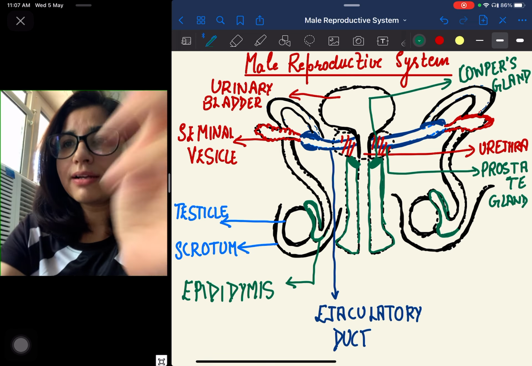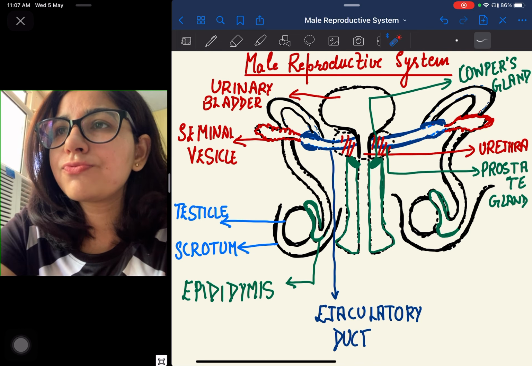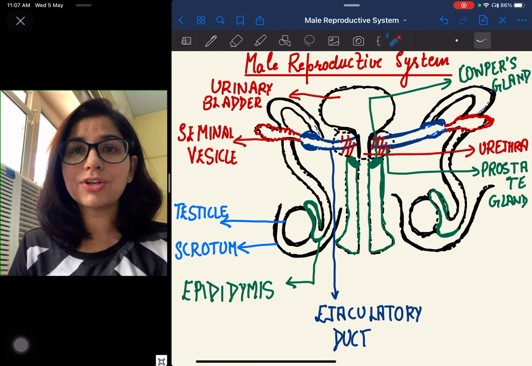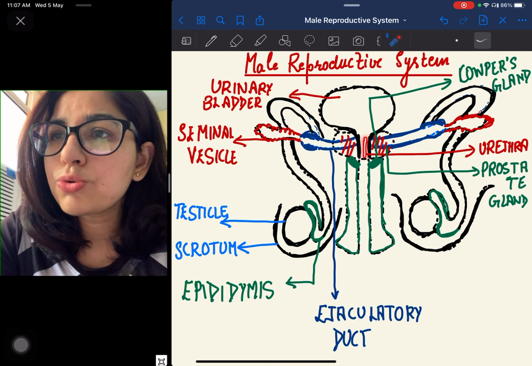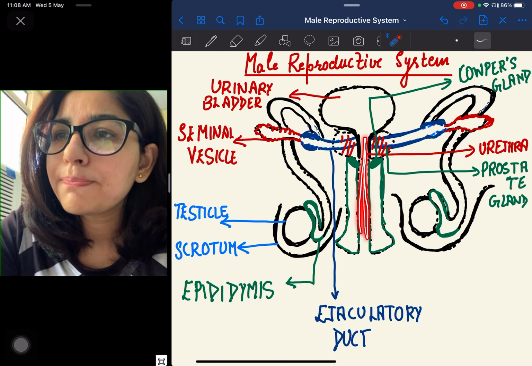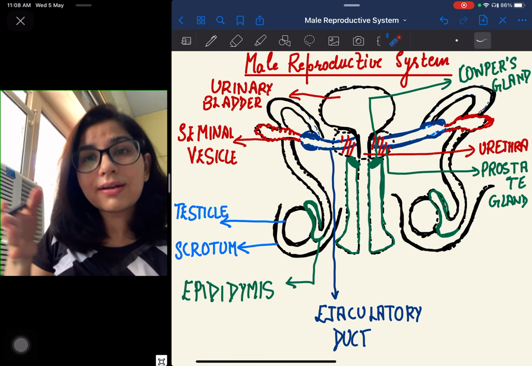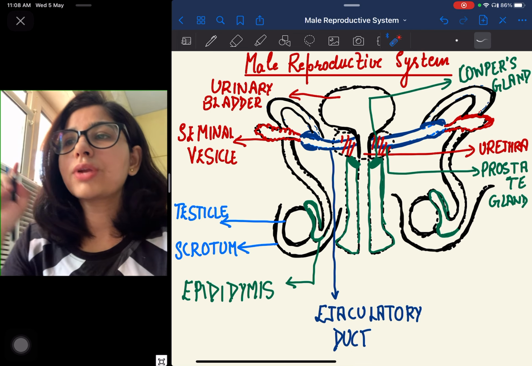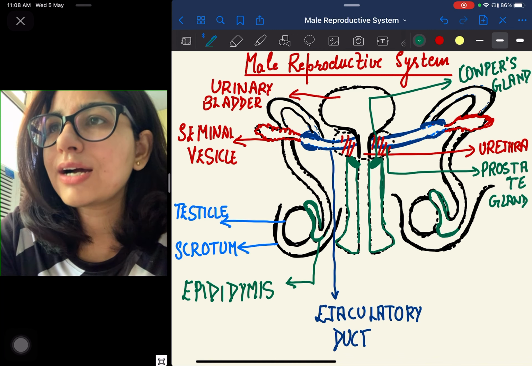Now, as you can see, there is a very common duct, pipe kind of, tube kind of thing. So this tube, which is common passage, common रास्ता for sperm and urine, this is known as urinogenital duct, right?